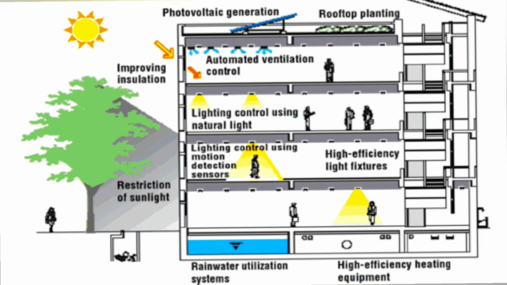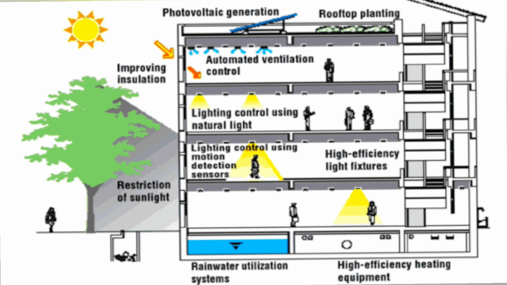So starting with the first and foremost head, which you can see on the top of this particular building itself, that is the photovoltaic generation. Photovoltaic comprises two terms, photo and voltaic.